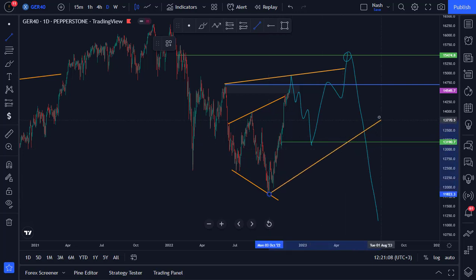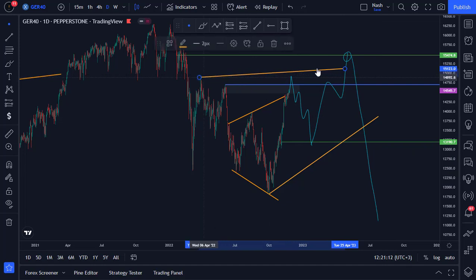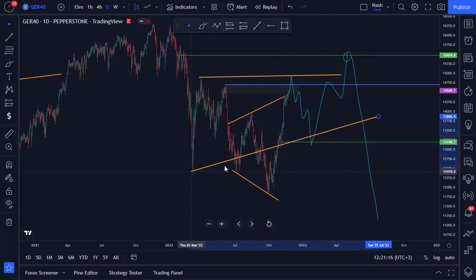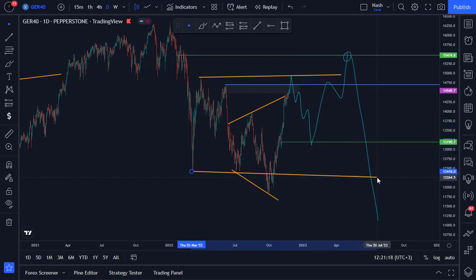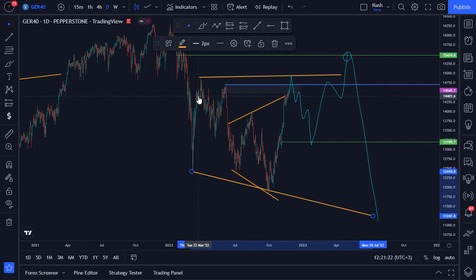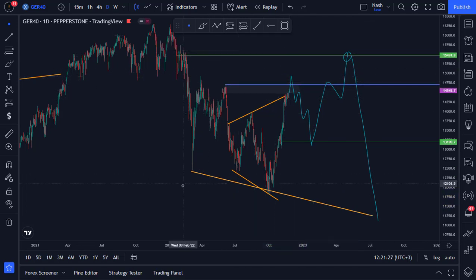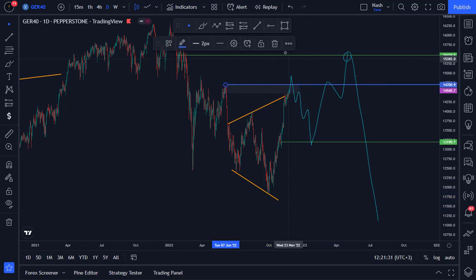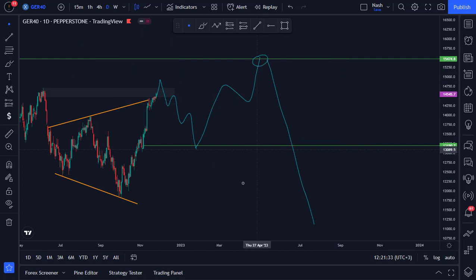So we might get this sort of pattern over here, or we might get this pattern in these levels right here, and then this one we adjust it to this one right there. So either way we'll be looking for sells once we tap any of these areas. But for now, we are still biased towards the downside.